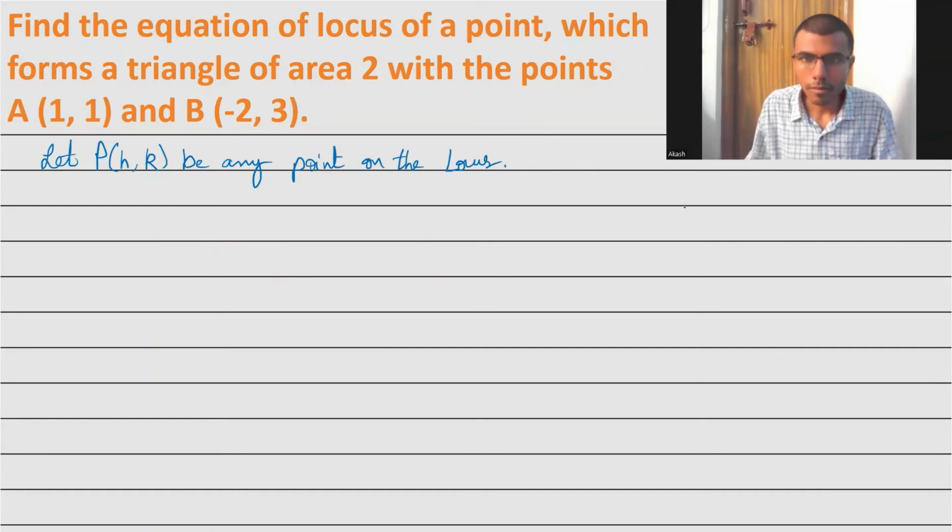Now, the area of triangle formula. Basically we have P as h comma k. First, let me give you the formula.